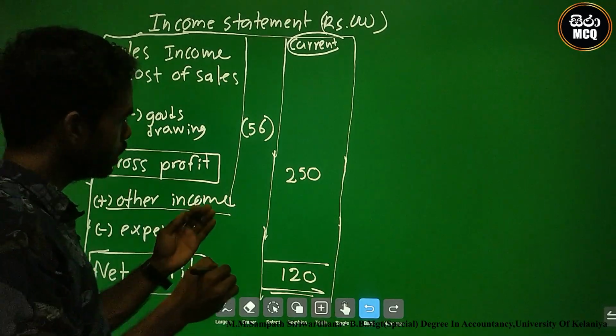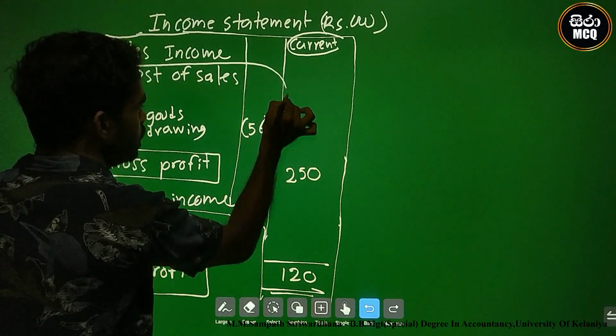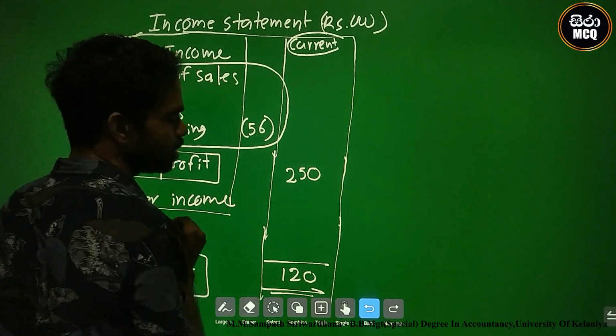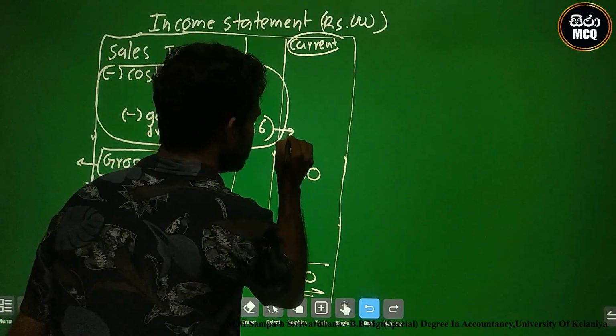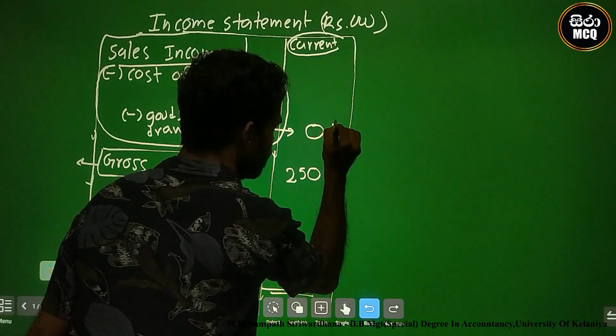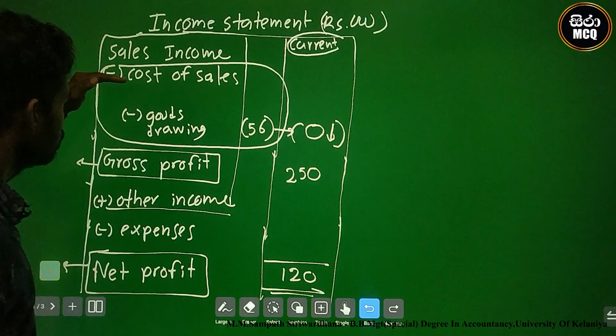At this point, what is the impact to gross profit? The cost of sales is deducted by 56. At this point, the cost of sales is deducting. Why? There is a cost of sales.